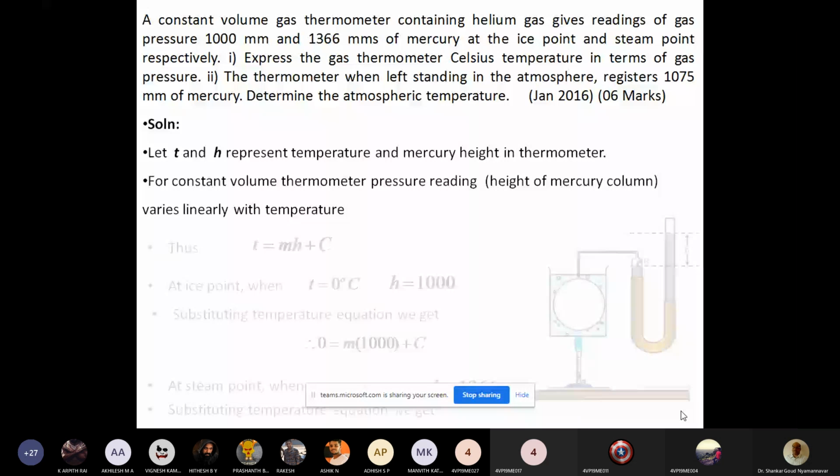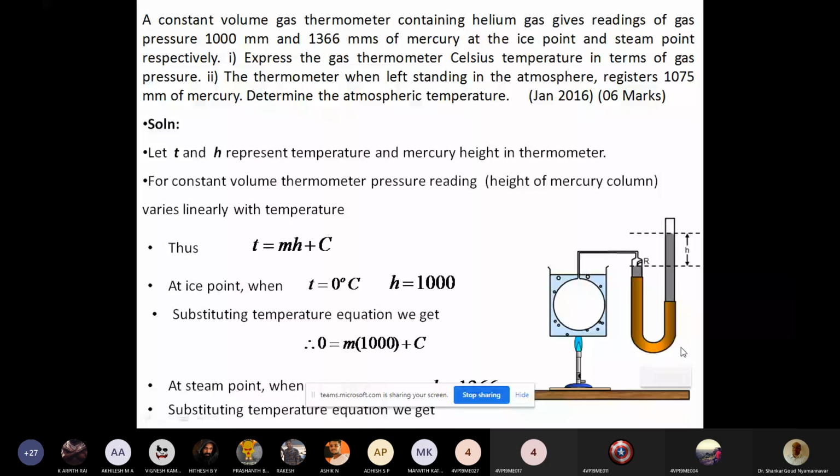There is a constant volume thermometer. When its temperature increases, there is a volume expansion that pushes down the mercury. Here there is mercury in the U-tube manometer, and there is a rubber tube.